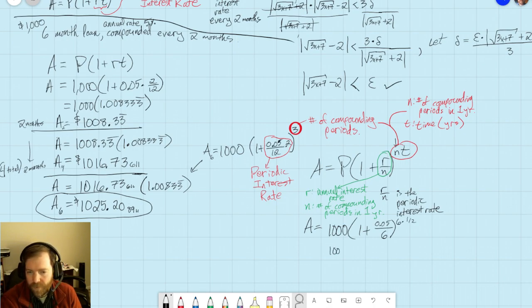So then again, this is 1,000 times 1 plus 0.05 over 6 is going to be the same value we had before. I mean, I know it was going to be, but I just have to double check, make sure I'm not completely wrong. And then 6, half of that, we get 3.